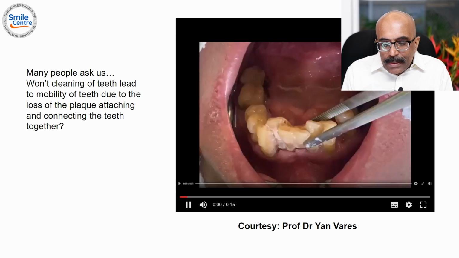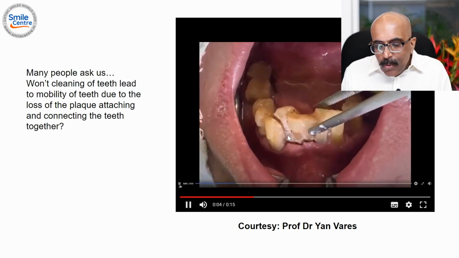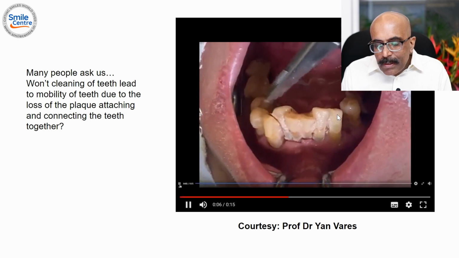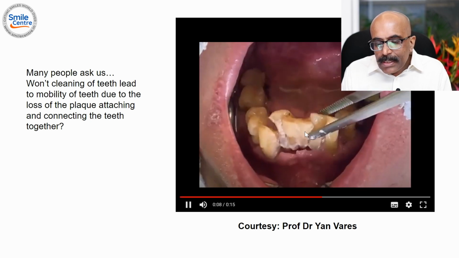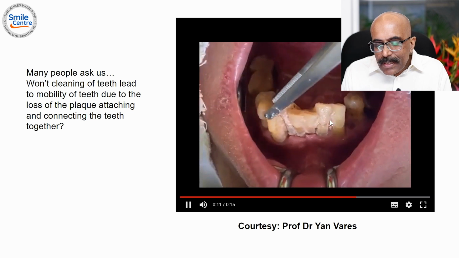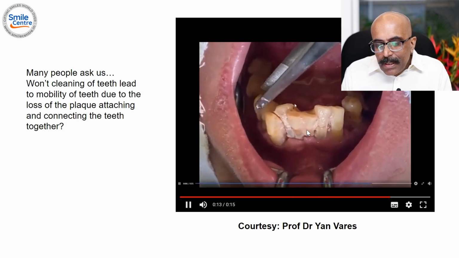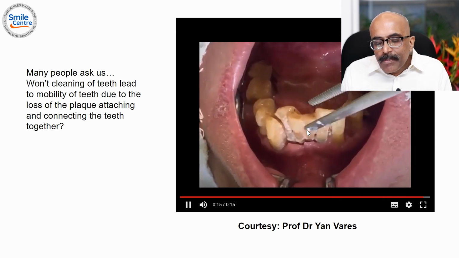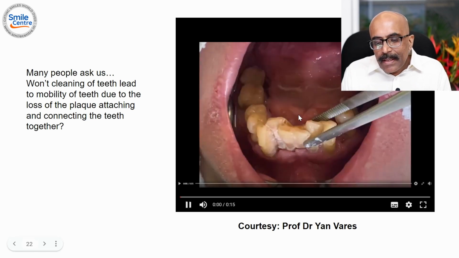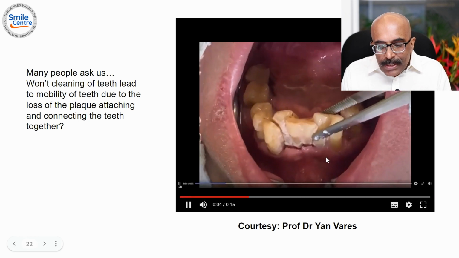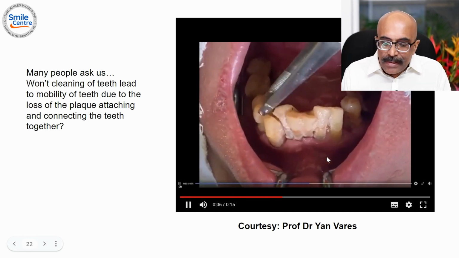Now, in this particular video you can see how the tartar sticks onto the tooth surface, connecting all the teeth together. But then the tooth becomes mobile and keeps shaking, and finally the tooth falls off. This is a situation of very late gum disease.